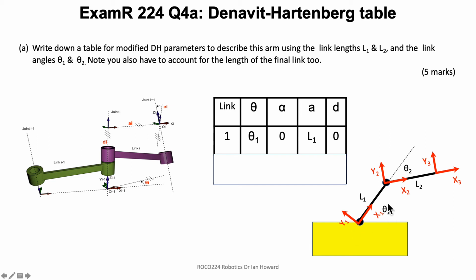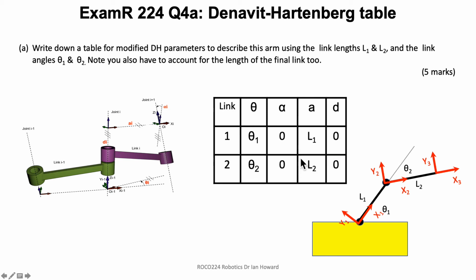From frame 0 to frame 1, we see that's a distance of L1. So that specifies our value of A, and the angle at which we have to account for rotating around the first joint is going to be θ1. So theta is going to be θ1. And also we have a value of D, so there's no offset because it's a planar arm. So that's going to be 0.